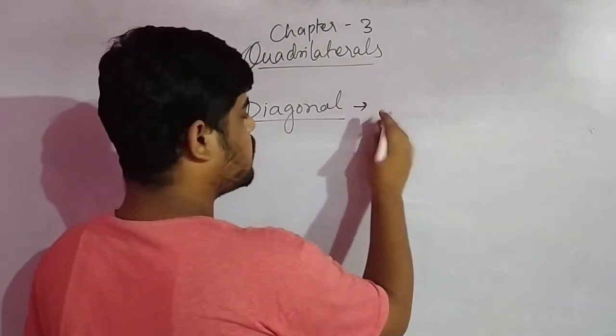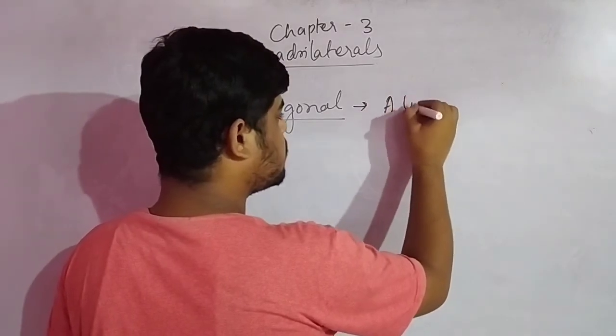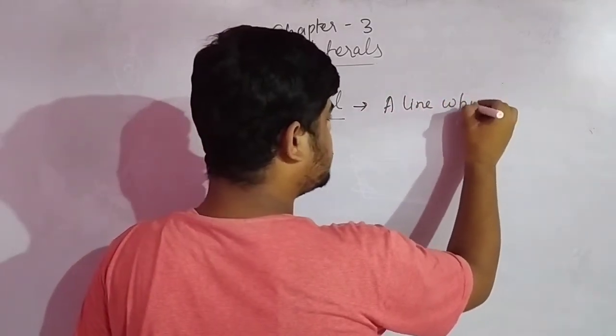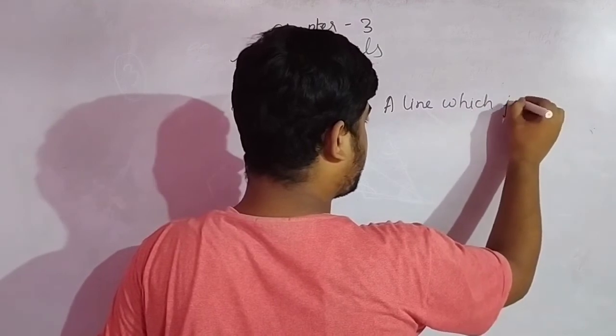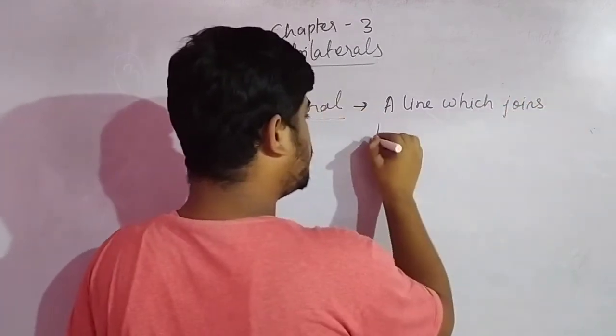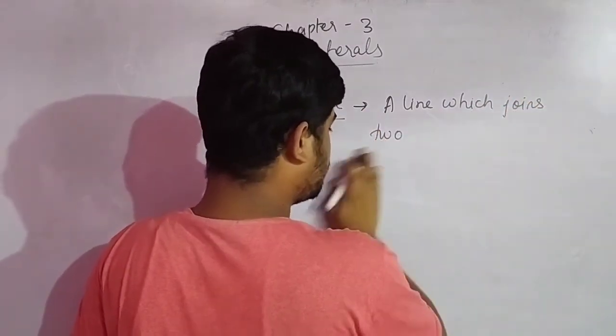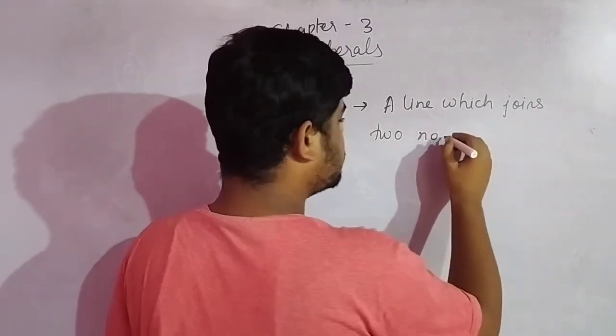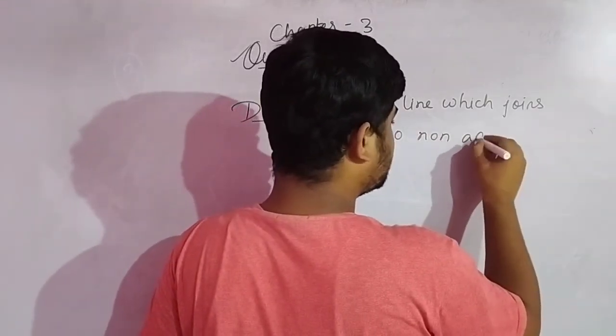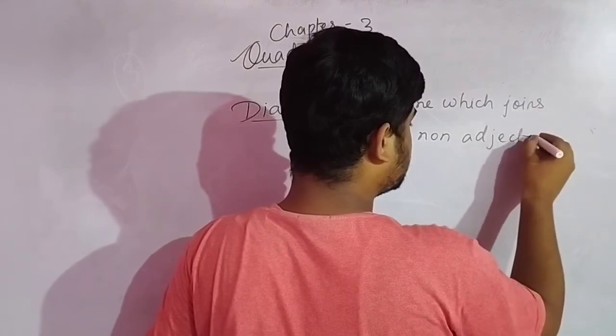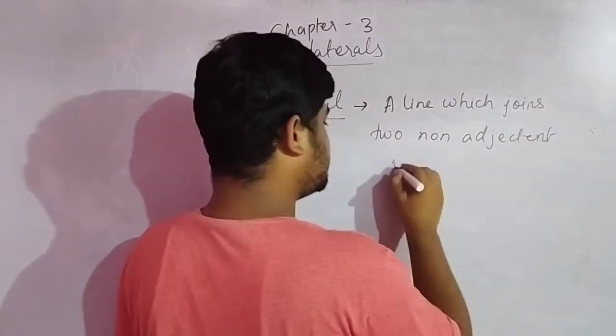For example, a line which joins two non-adjacent vertices.